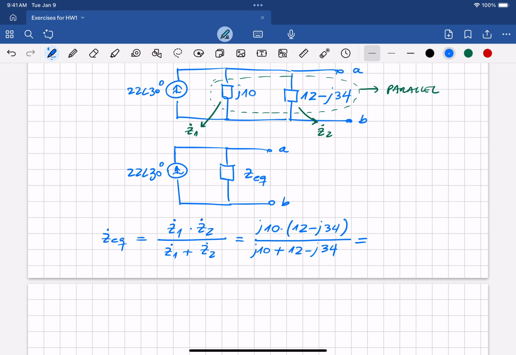So in this case, the result is 1.666 plus J13.333. Okay, so that would be this equivalent impedance, 1.666 plus J13.333.